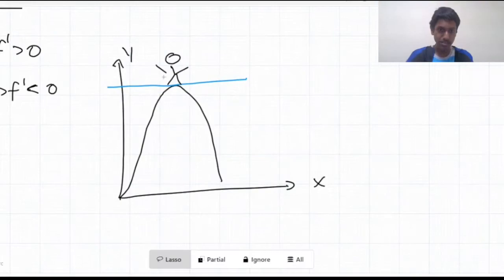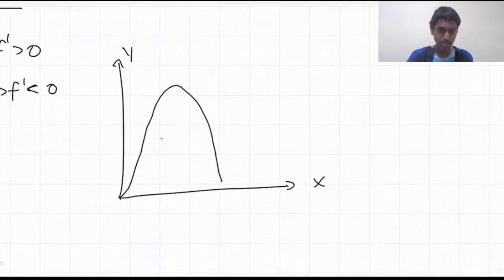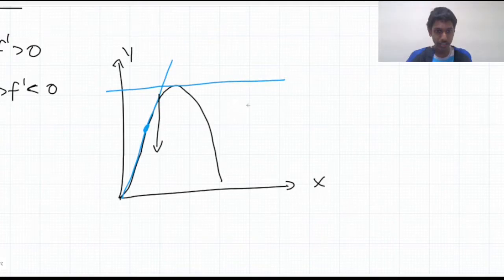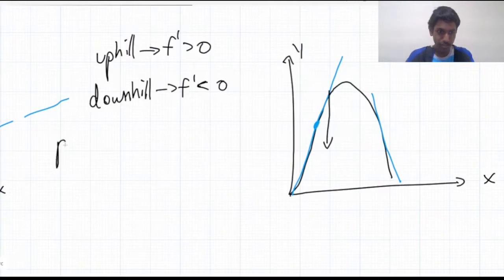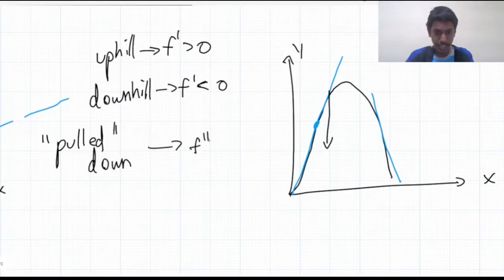And this example over here is a good example of that, because toward the left, we see that he's walking very much uphill, but we've got this pulling of the slope, and now he's flat, and he continues going downhill, because the slope is being pulled downward. And in this case, if we're being pulled downward, I'm using this very loosely here, you can say that the second derivative is less than 0.